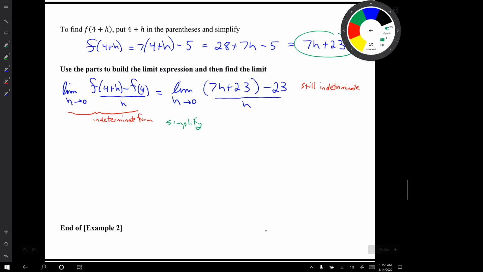The first simplification that we can do is cancel the 5s. Notice again, this is still indeterminate, but now it's very obvious why it's indeterminate. It's indeterminate because of that h over h. And we arrive at the most important step in the first month of the course. We realize that we can cancel h over h because we know that h is not 0. So we explain that clearly.